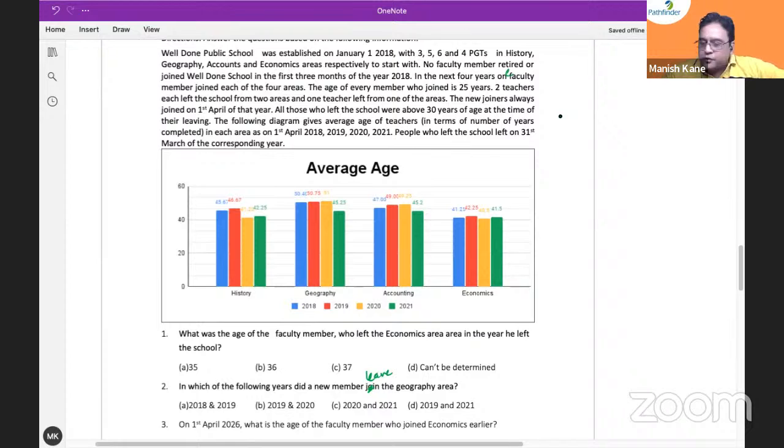Are these figures visible to you? Or should I speak out the figures? This one is 41.25. So 45.67, 46.67, 41.25, 42.25.